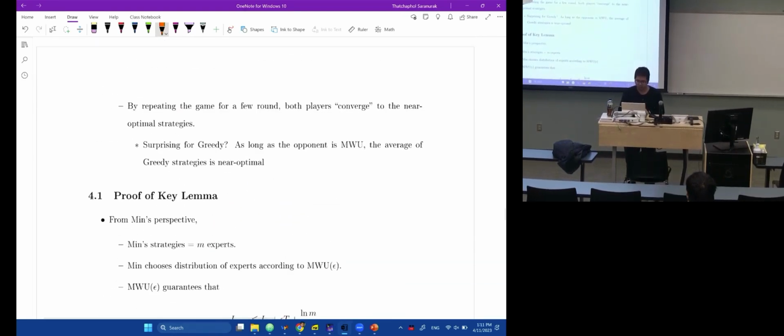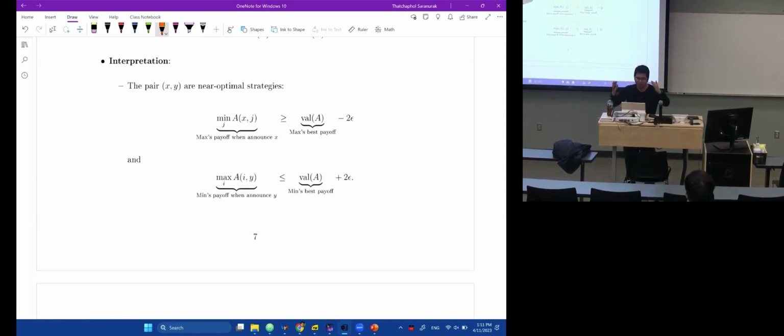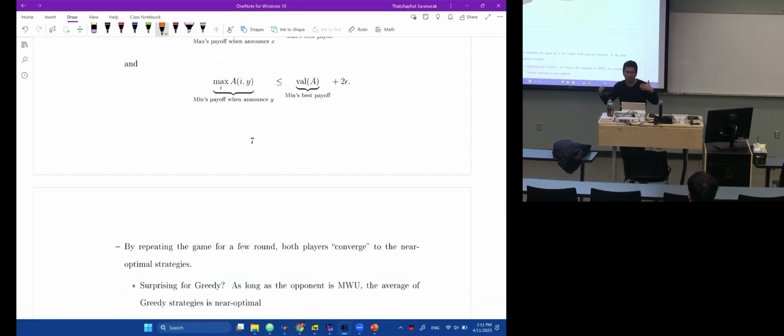But the point is that both x and y are really near optimal strategies, and by repeating the game for a few rounds, both players converge to the best strategy. This may be surprising for Greedy, because Greedy really does nothing nice.